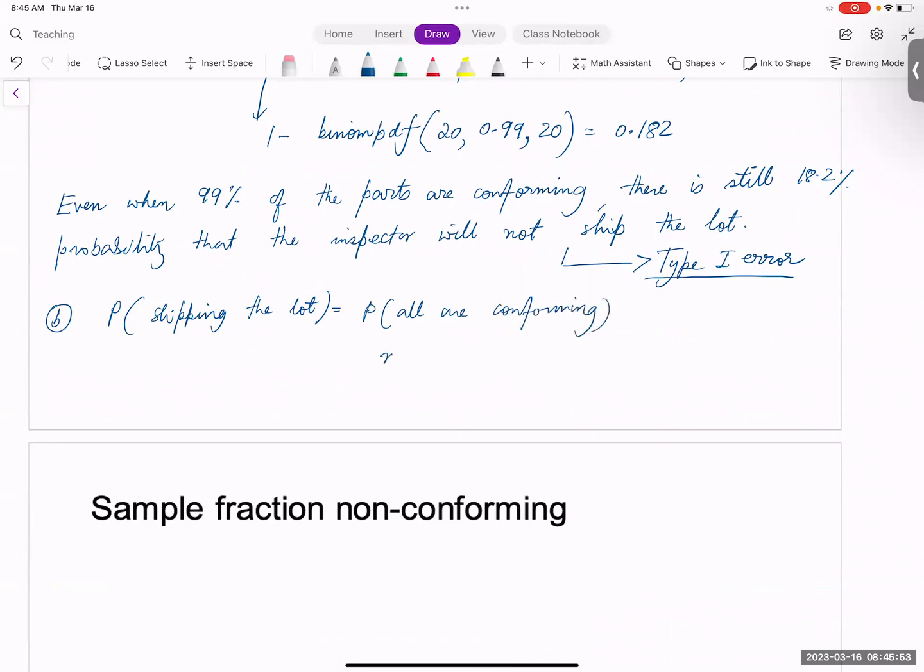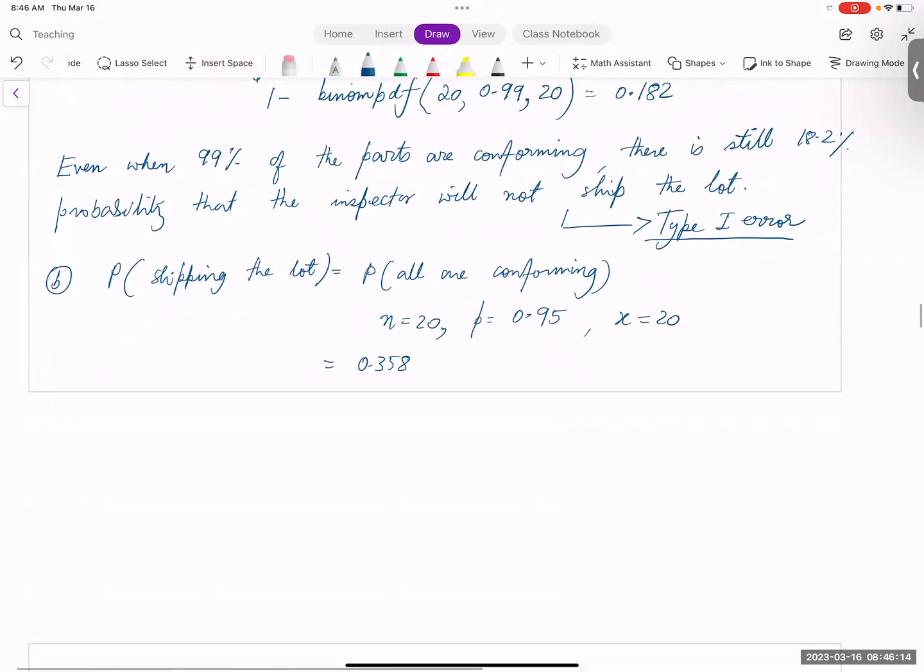In this case, your n is still 20, but your p has changed to 0.95, and your x is still 20. And if you do binom PDF, you will get 0.358.